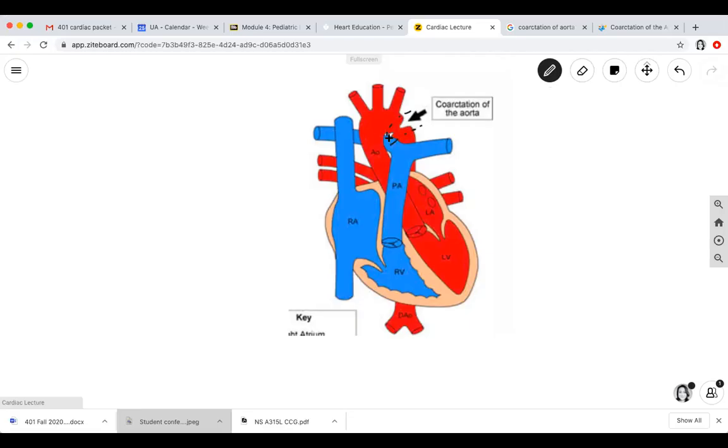And then they'll cut all that out and sew these pieces together. So then it'll be nice and connected properly here, and all that will be gone. Sometimes you will have a patient who has the coarctation that looks like this.